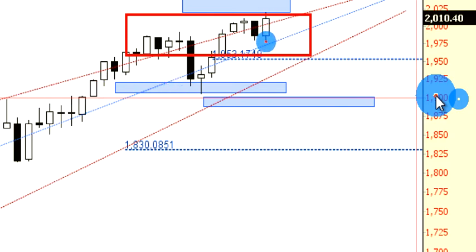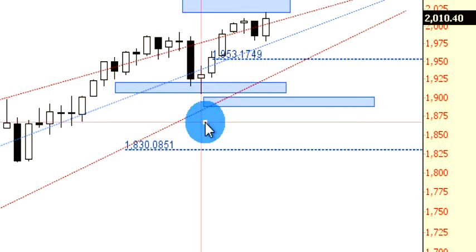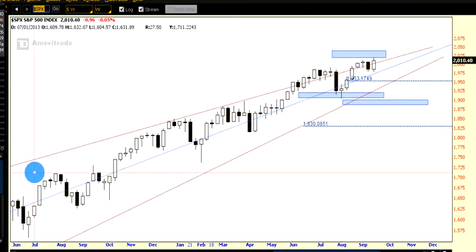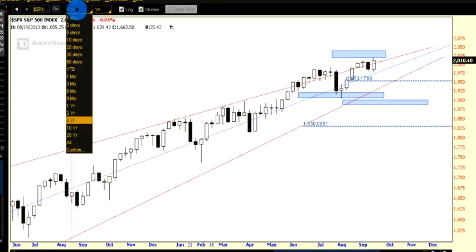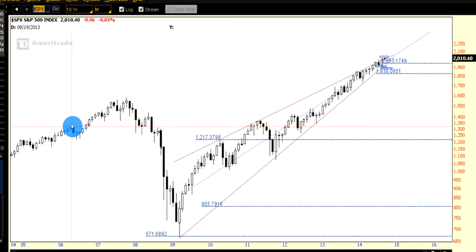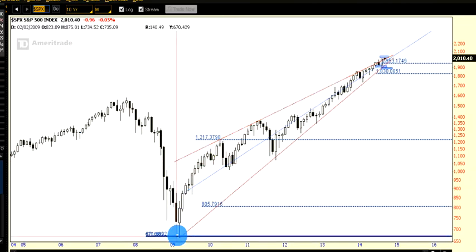In this case we're expecting a fairly large correction, because the way you measure this rising wedge, and I've talked about it before, is you go back to the start of it, and that's a little bit arbitrary too. Where does it start? Basically it starts here at the low.